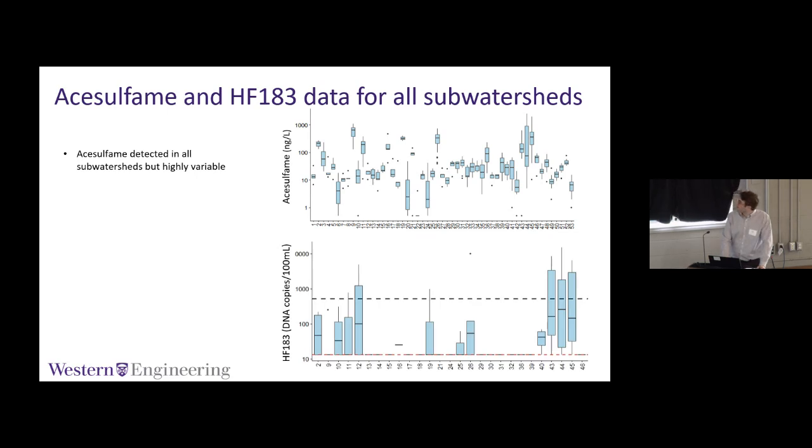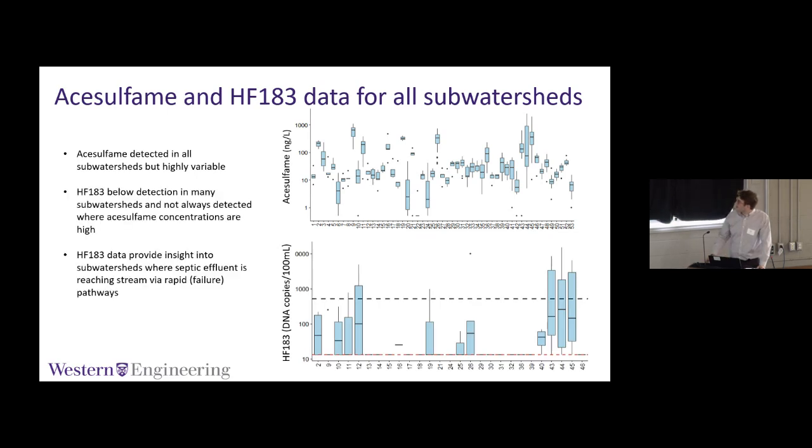Looking now at the HF183, we were unable to detect it at all of our watersheds, and it was not always detected when our concentrations of acesulfame were high, possibly indicating a different failure pathway.